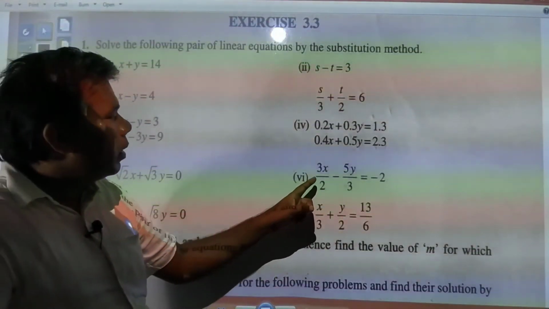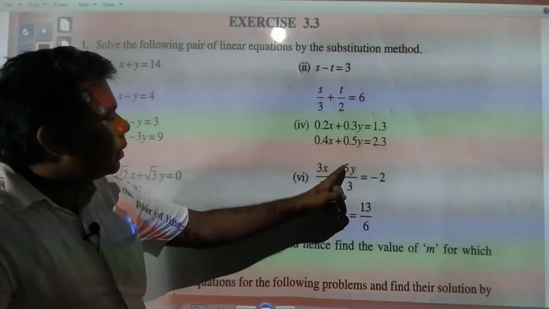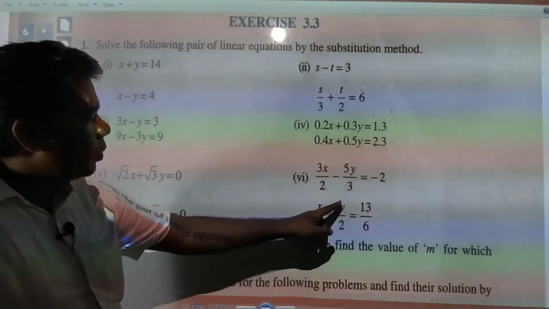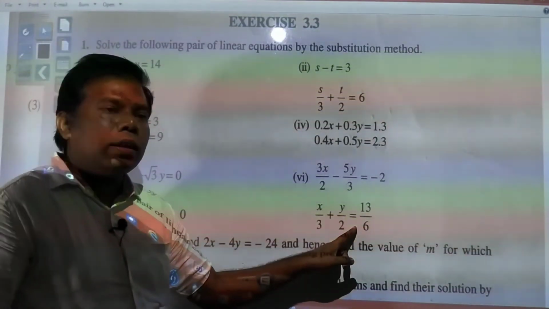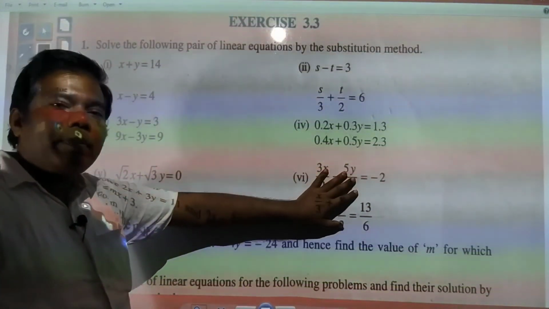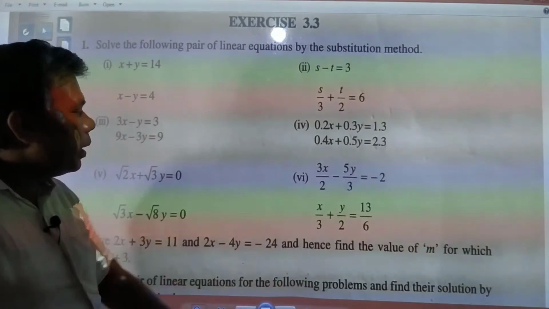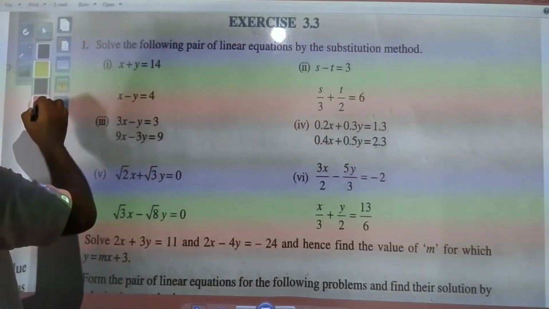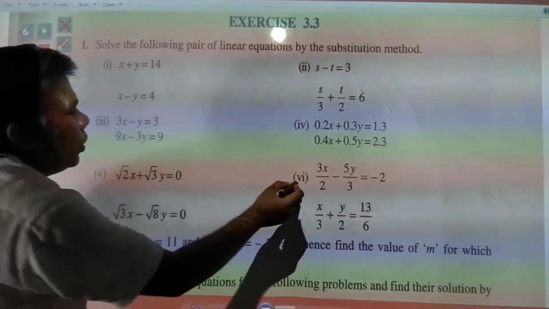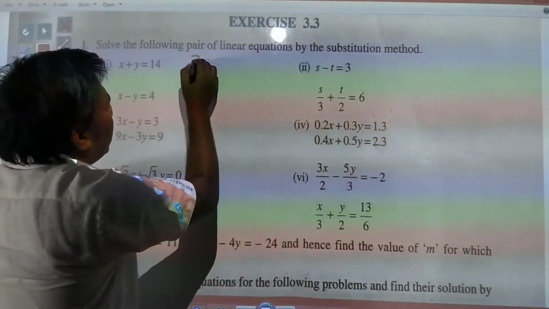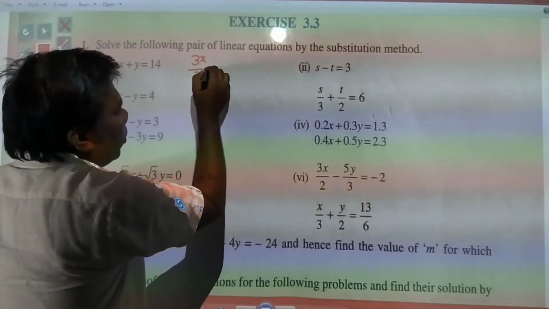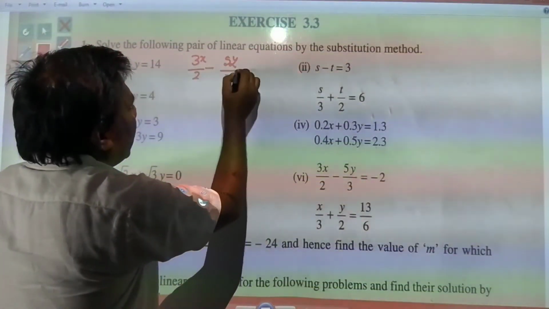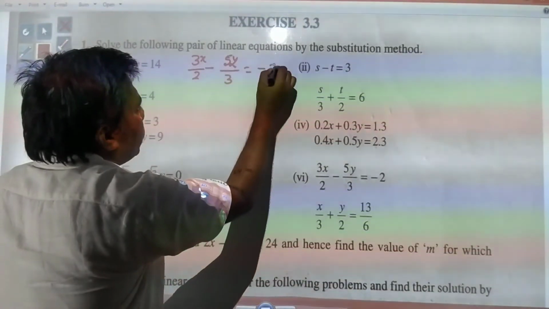Next you see, 3x by 2 minus 5y by 3 is equal to minus 2, and x by 3 plus y by 2 is equal to 13 by 6. Directly also it can be solved, or one more method is there, just you simplify both the equations first and then you solve. So your first equation you have 3x by 2 minus 5y by 3 is equal to minus 2.